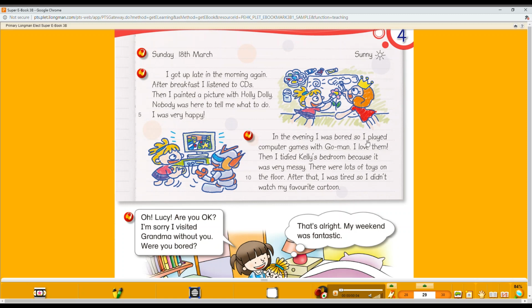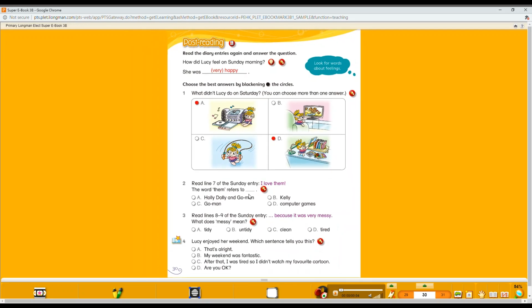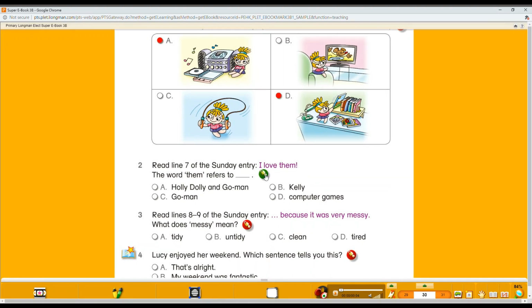Them refers to the computer games she played with Go-Man. So computer games, 2D. Now Sunday entry again. Read lines 8 and 9 of the Sunday entry. Because it was very messy. What does messy mean?